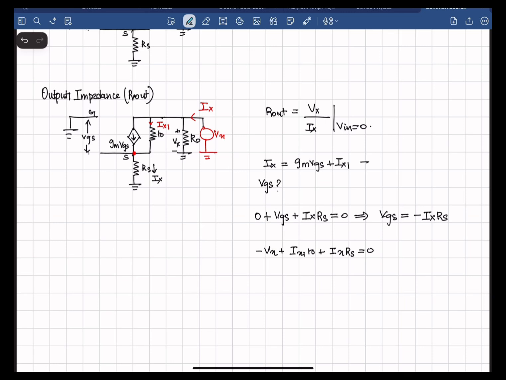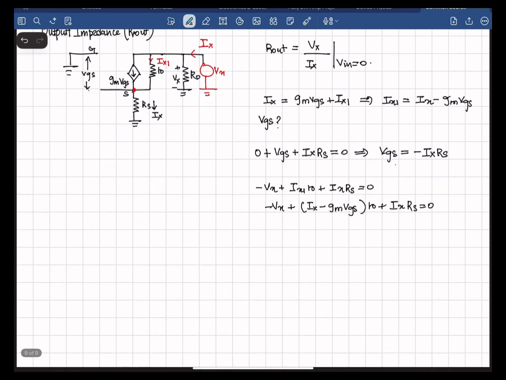From here, we can find out what Ix1 is, which is nothing but Ix minus Gm into VGS. Let me plug in that value here: minus Vx plus (Ix minus Gm VGS) RO plus Ix Rs is equal to 0.